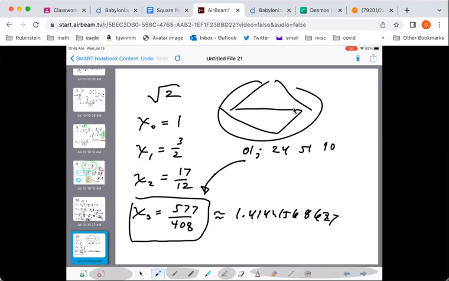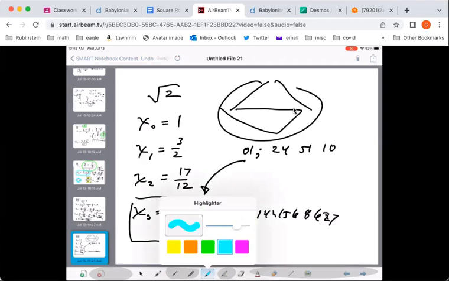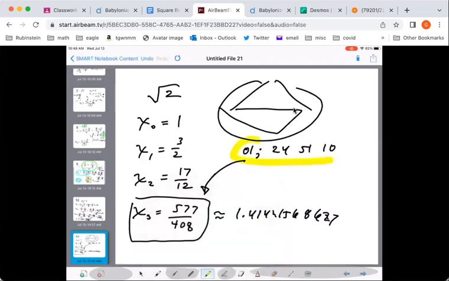Except I looked into it and found that if I change this to an 11, it's even closer. But if I change it to a 10, it's actually closer to the actual square root of 2. So it's a bit of a mystery exactly how the Babylonians came up with this approximation for the square root of 2.